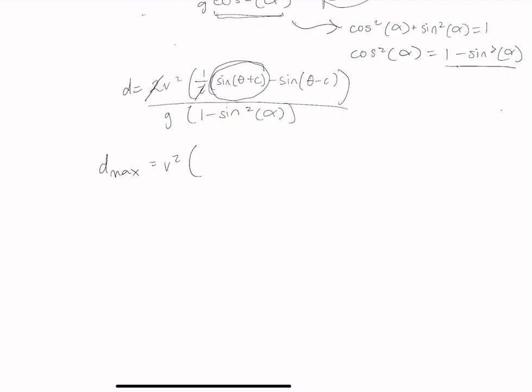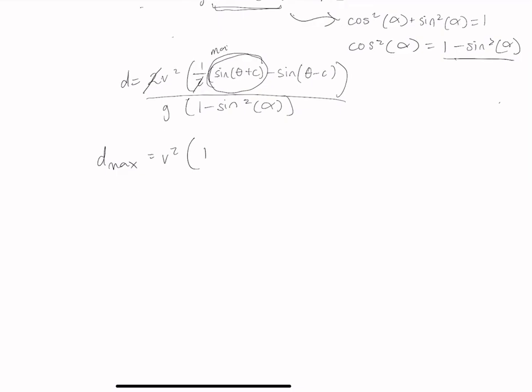And the largest possible value of sine is 1. So we're going to replace that with 1. So 1 minus, and then we're going to leave the second one as is, over 1 minus sine squared.